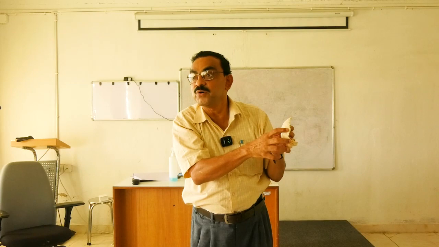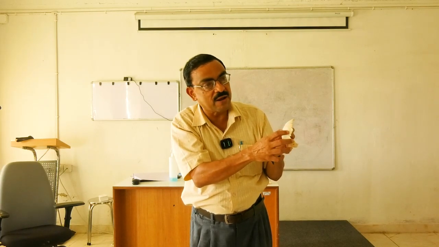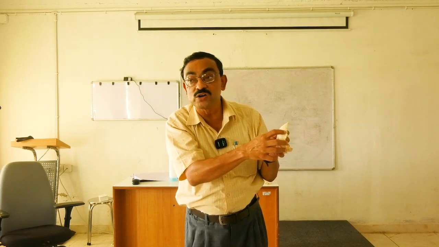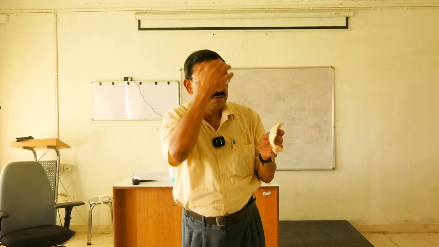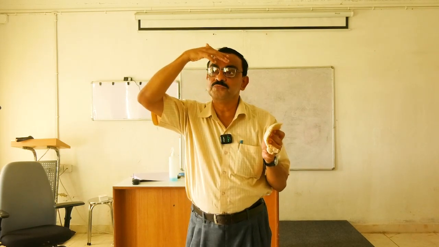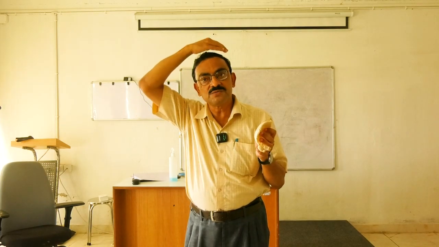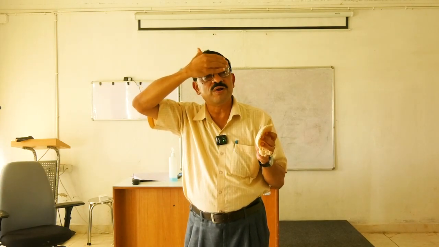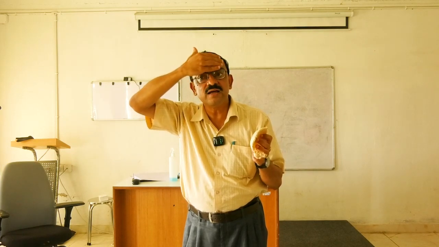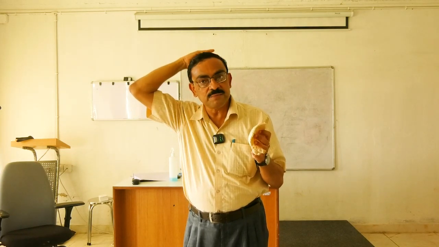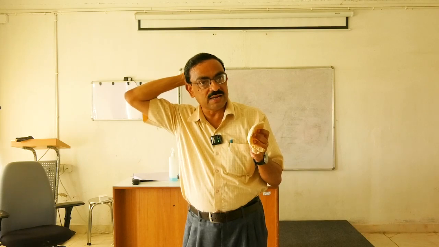On the lateral aspect we also get very important muscles. From above downwards we will get the occipitalis muscle. Fronto-occipitalis is one muscle which takes origin from the frontal area and goes up to the occipital area.